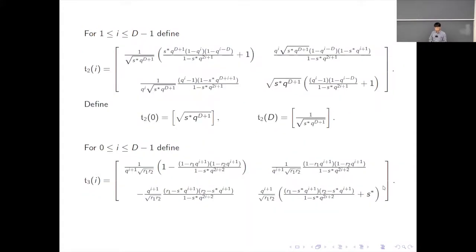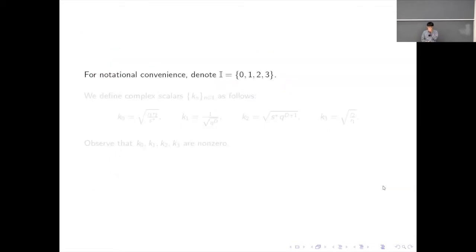Further, we define the 2 by 2 matrices T2I for I from 1 to D minus 1, and also 1 by 1 matrices T20 and T2D. Finally, T3I, 2 by 2 matrices for every I from 0 to D minus 1. Once we define all these 2 by 2 and 1 by 1 matrices, for notational convenience we use the index notation I, that is 0, 1, 2, 3.